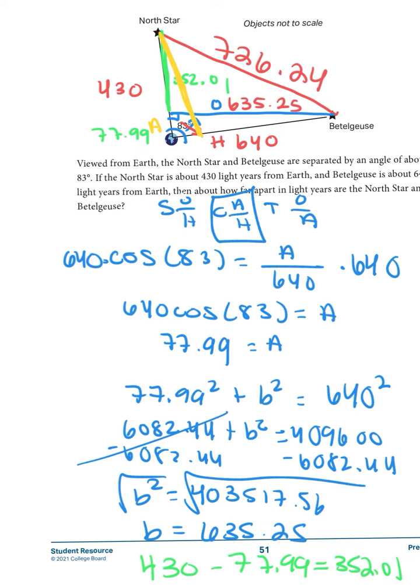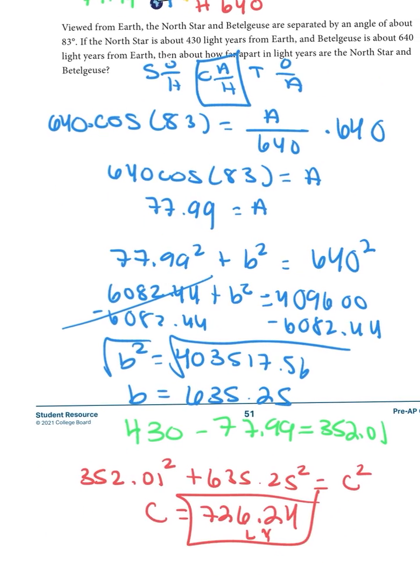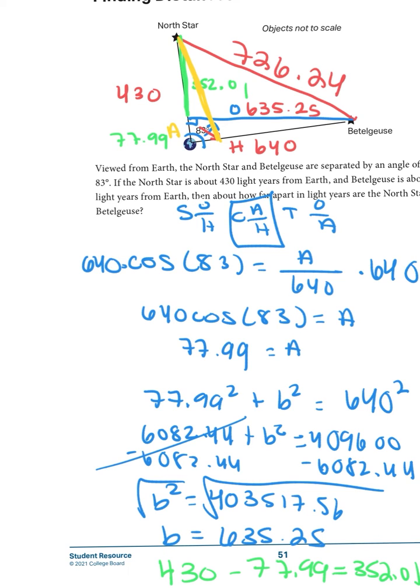But you could do it both ways, okay? So there's two ways that you could do this. If you want to use the horizontal auxiliary line that we drew, you can do that. Or if you want to use the vertical auxiliary line, you can do that as well. It's the same concept. You would still use cosine, but instead of 640, you will be using 430, right? So yeah, moving on.